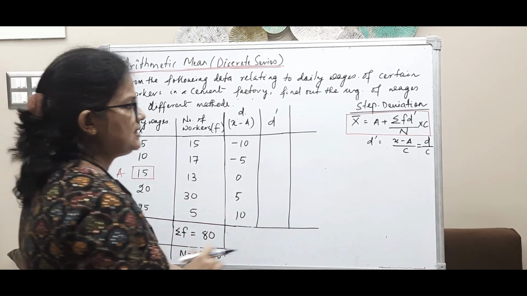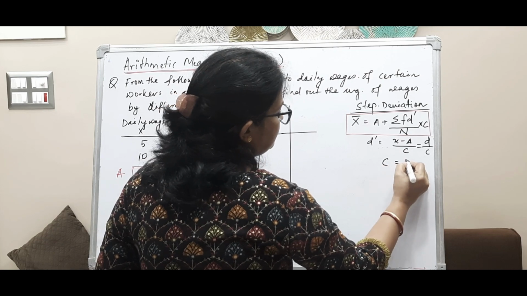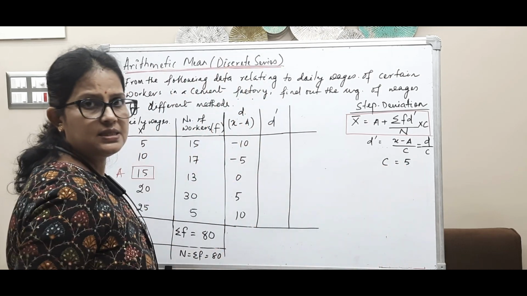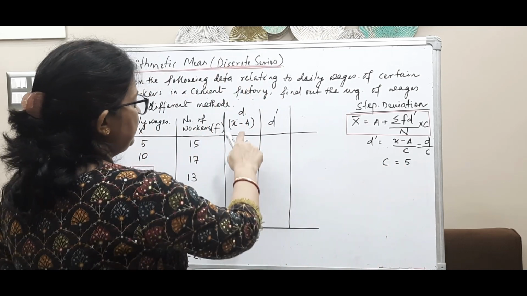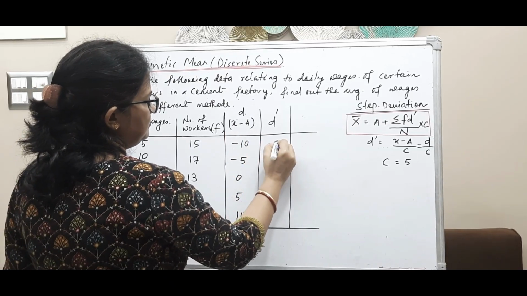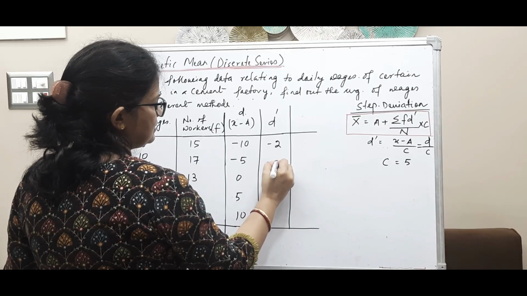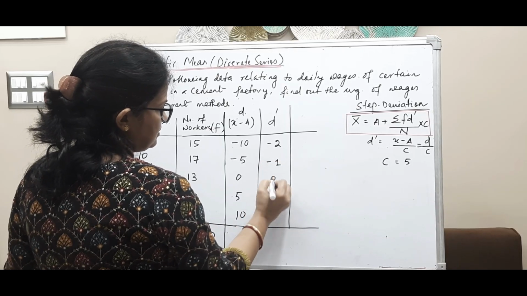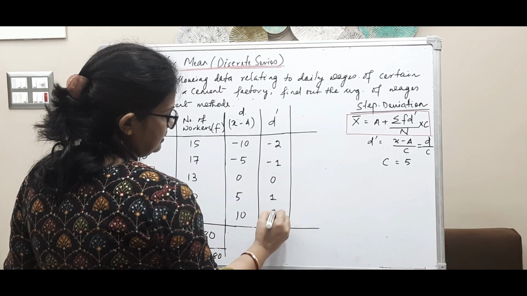So we can take c as 5. C equals 5, our common factor. Now we divide x minus a by c. This is minus 2, this is minus 1, this is 0, this is 1, this is 2.